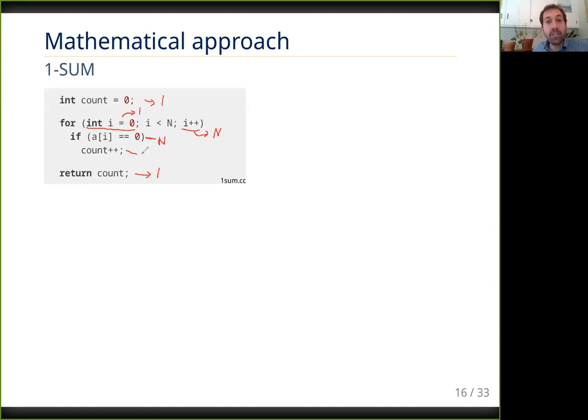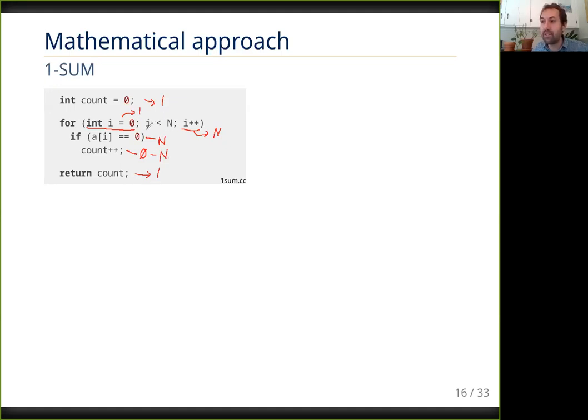If the array does not contain any item equal to 0, so the if condition always fails, then count++ would never be executed, 0 times. On the other hand, if the array A contains only items that are 0, then every time the if condition will kick in, and count++ will be executed n times. So it really depends on the input data.